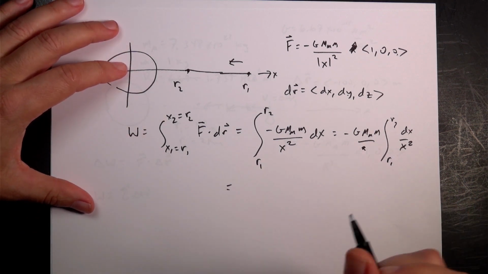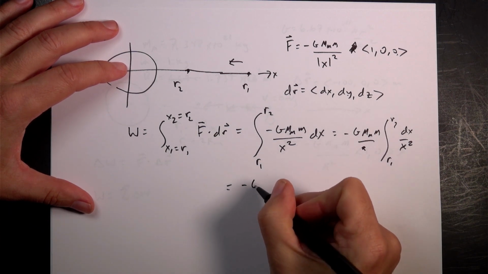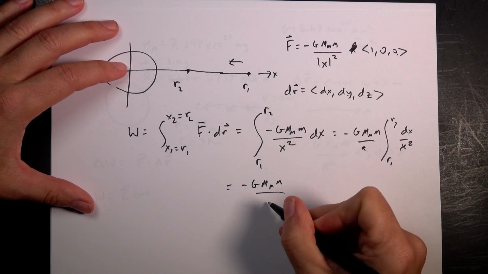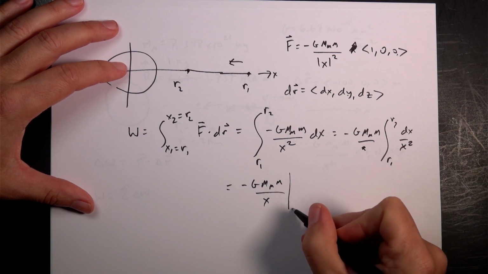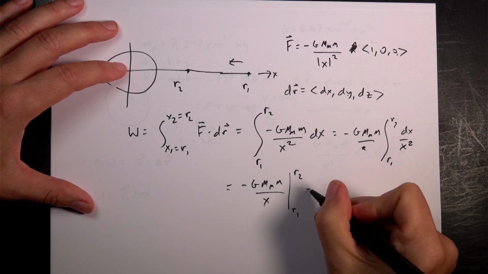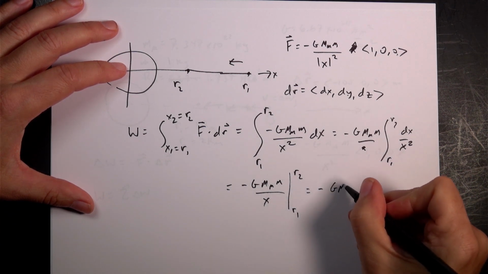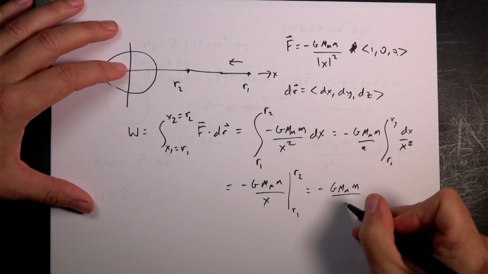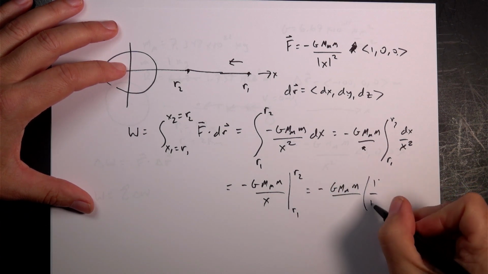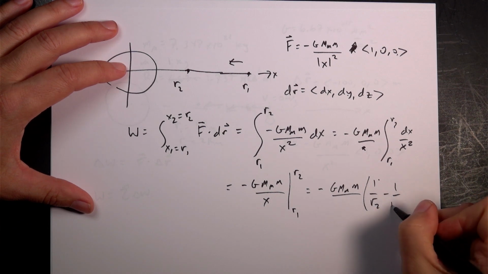So now I get negative G M m over x, from r1 to r2. And so let's evaluate the limits. I get negative G mass of the moon mass times 1 over the final r2 minus 1 over r1.